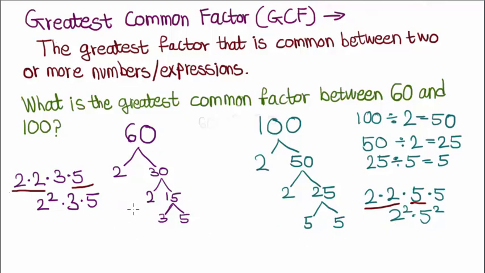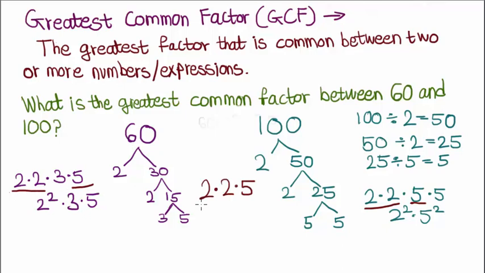The number 3 is not a common prime factor between these two prime factorizations. So the numbers that are common between these two prime factorizations are the two 2's over here and the two 2's over here, as well as the one 5 over here and the one 5 over here. So the greatest common factor between 60 and 100 can be represented as a product of 2 times 2 times 5.